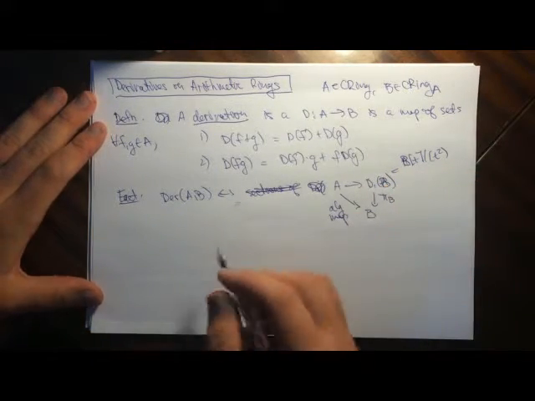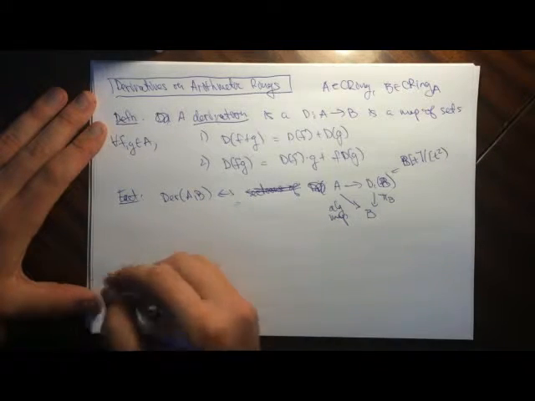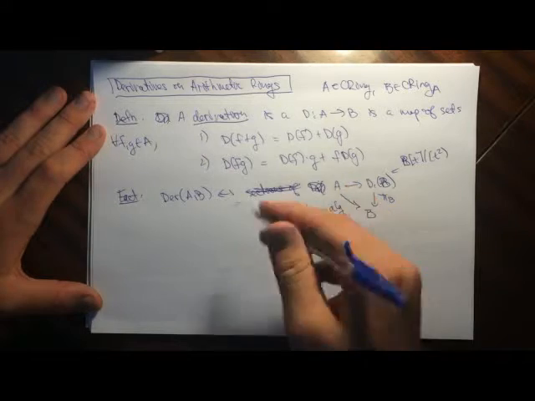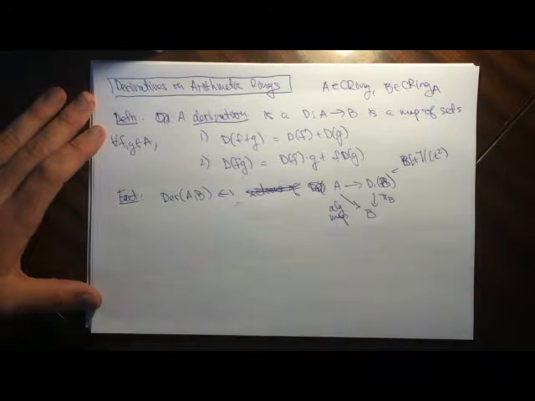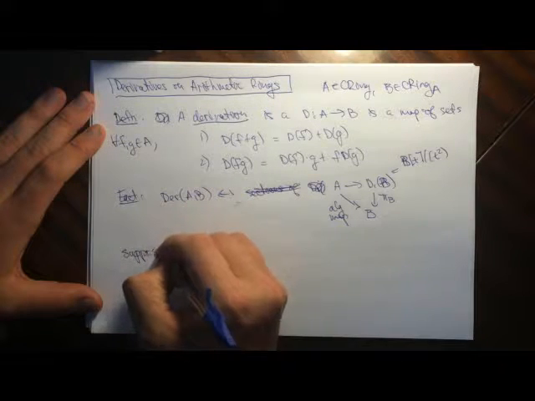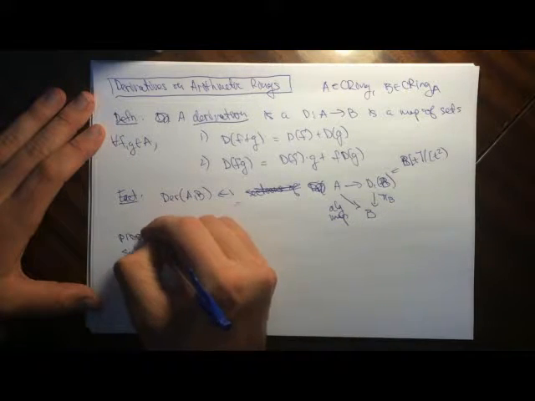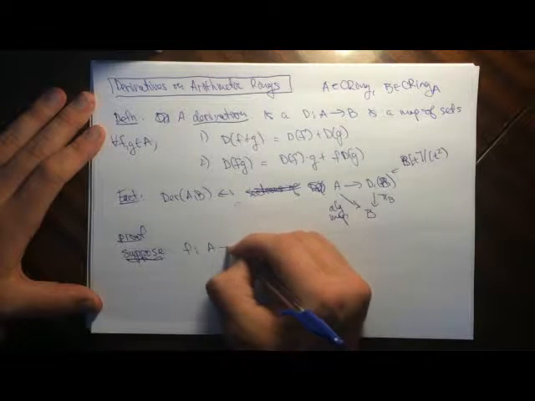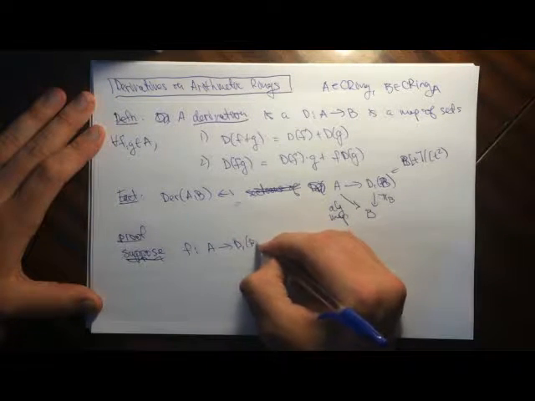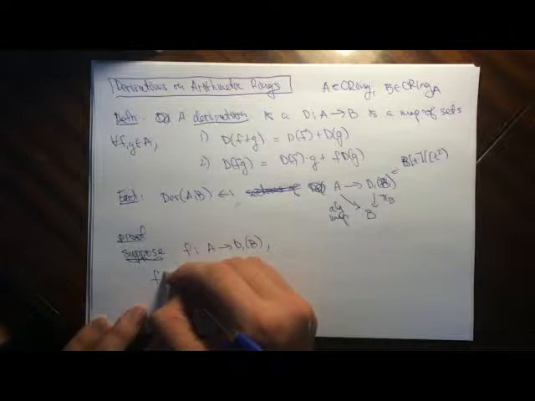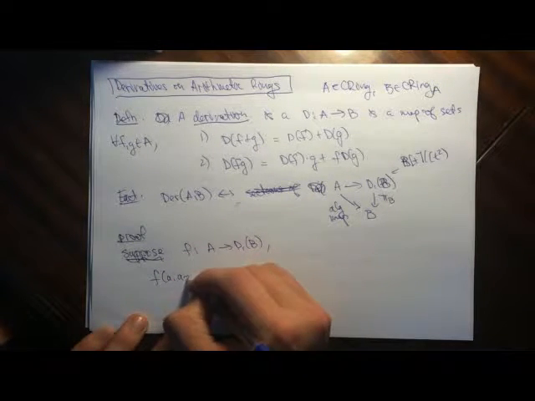Let me show you how this works. Let me write this down. So suppose, I guess this is a proof, suppose f is a map from here to here. Then we can write f of a1 a2.